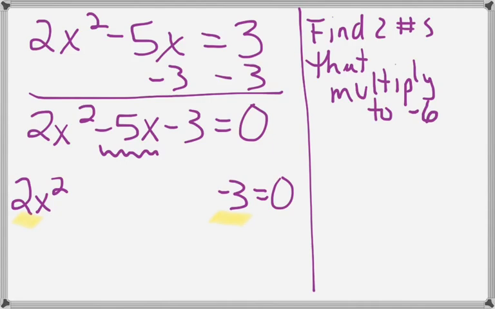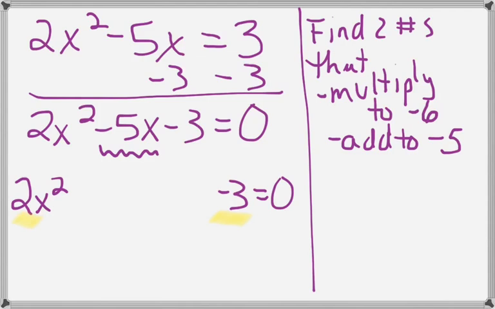And then the two numbers also have to add to be negative 5. That's important because if the two numbers don't add to be negative 5, then we've just changed the equation. We want to make sure that when we combine these two middle terms, it would be the same as what we started with.